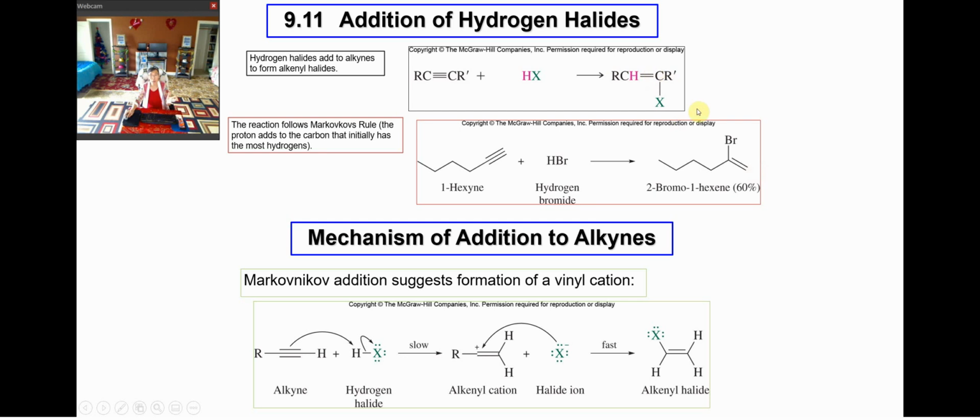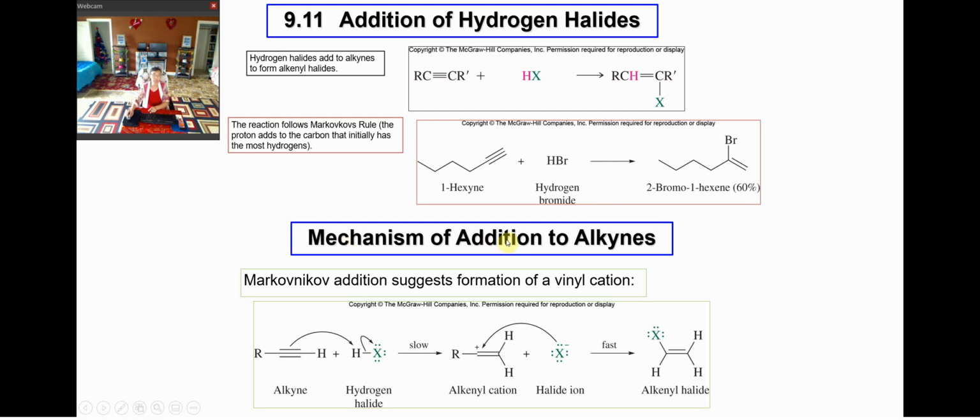So the triple bond becomes a double bond, and your bromide, for example, is going to be added to the carbon with fewer hydrogens. So hydrogen is added to the carbon with more hydrogens, and you form this 2-bromohexene. If you have 2 moles of halides, you can produce dihalides.